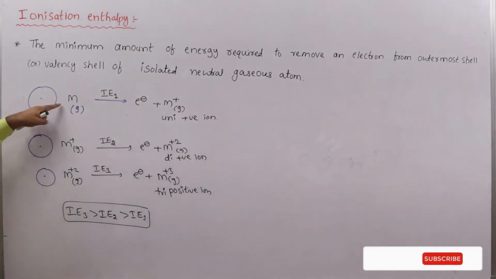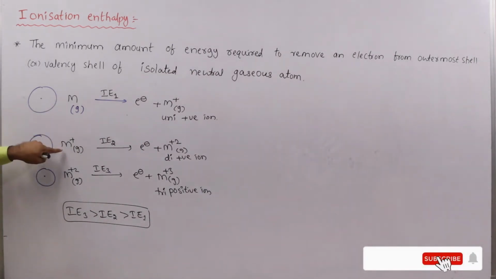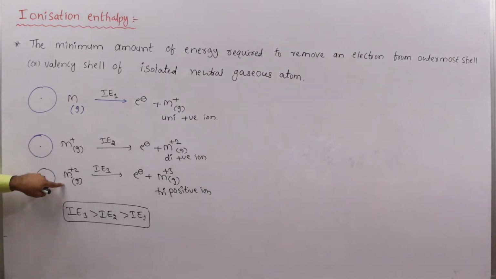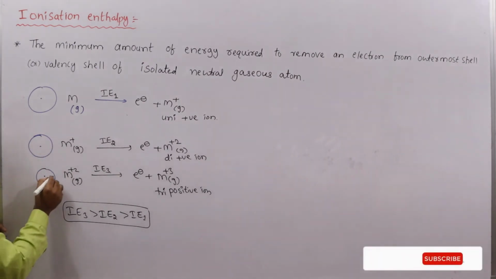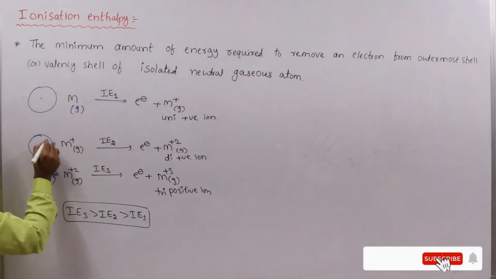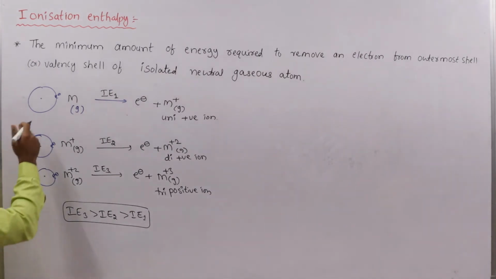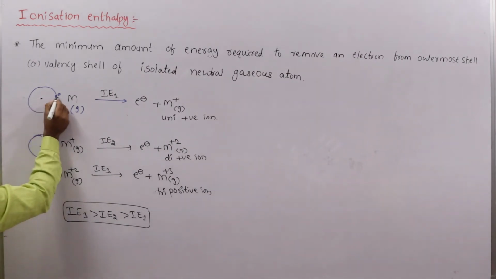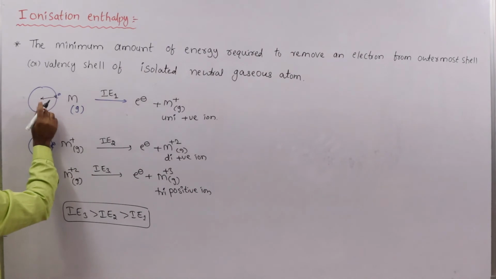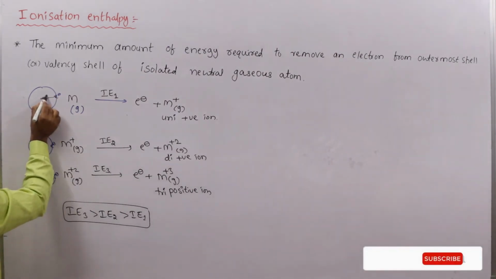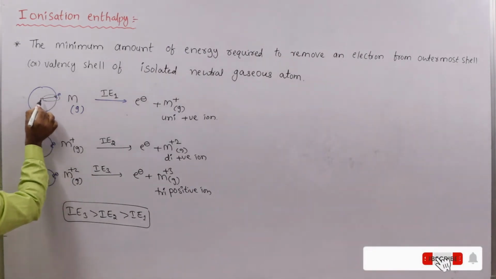As the size decreases from M to M plus and M plus to M plus 2, the amount of energy required to remove the valency electron is more. In the neutral atom, the distance between the nucleus and the valency electron is more, so the nuclear attraction on this electron is very less.